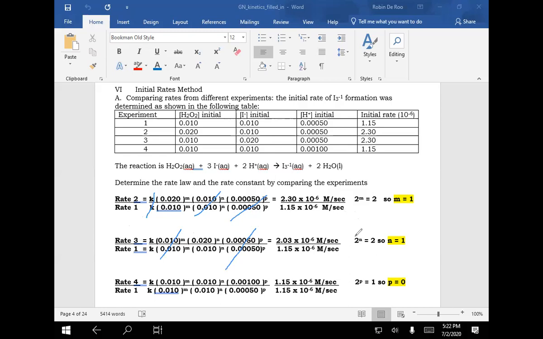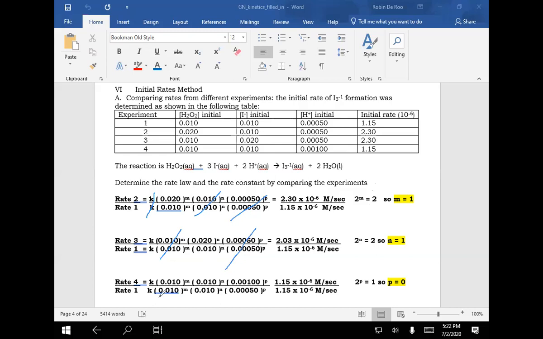I ended up getting 2 to the n equals 2. So n mathematically equals 1. So what this tells you is it's first order for the iodide. It's also first order for the peroxide. That's just a coincidence. And then I did the same idea with my rate 4 over my rate 1.